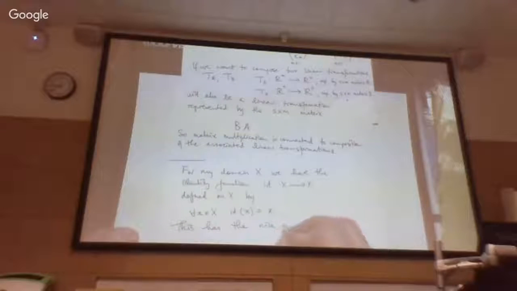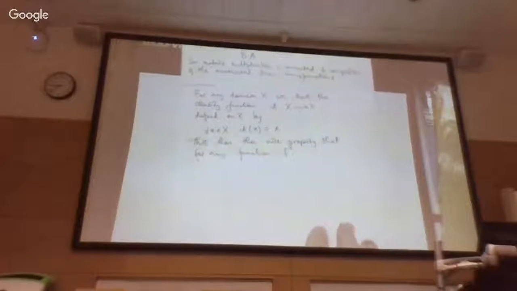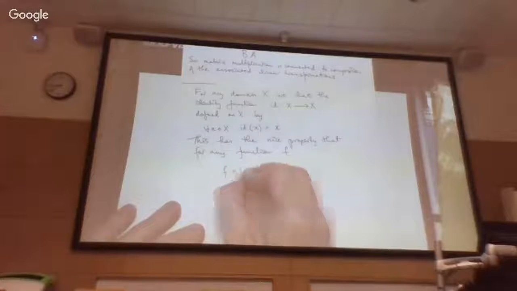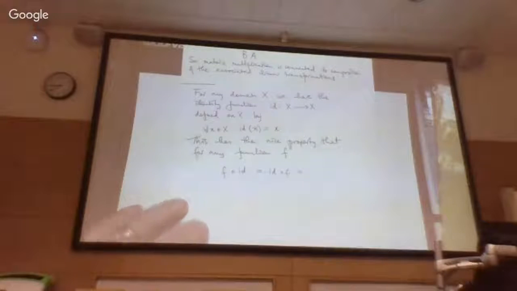So this has the nice property that for any function f at all, and we won't bother to mention the domain and codomain of f, you can compose f with the identity, and if you compose it on either side, you always get the same thing.